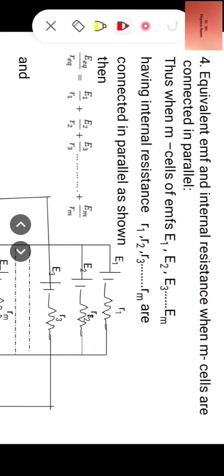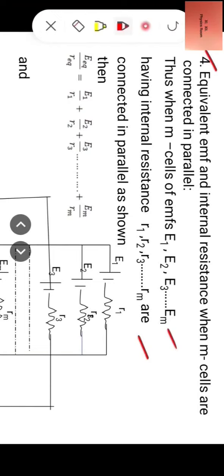Now fourth, equivalent EMF and internal resistance when M cells are connected in parallel. Thus, when M cells of EMFs E1, E2, E3, Em having internal resistance R1, R2, R3 and Rm are connected in parallel as shown, then E equivalent by R equivalent is equal to E1 by R1 plus E2 by R2 plus E3 by R3 plus so on plus Em by Rm.